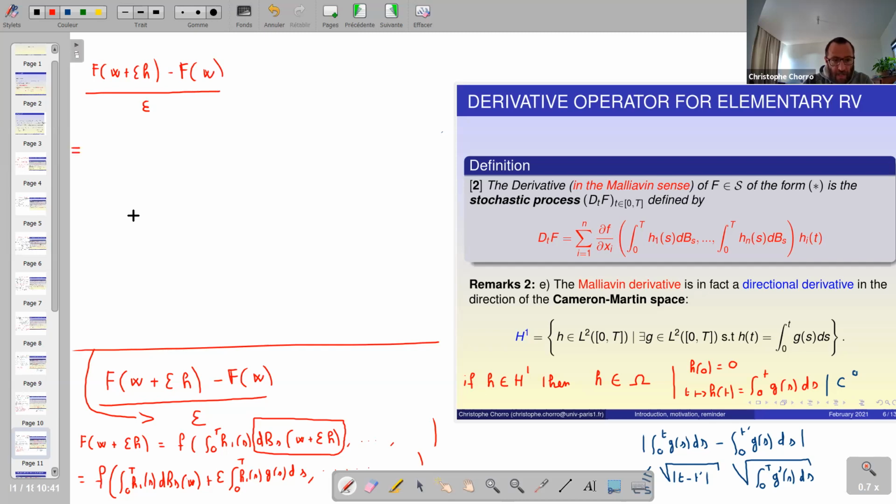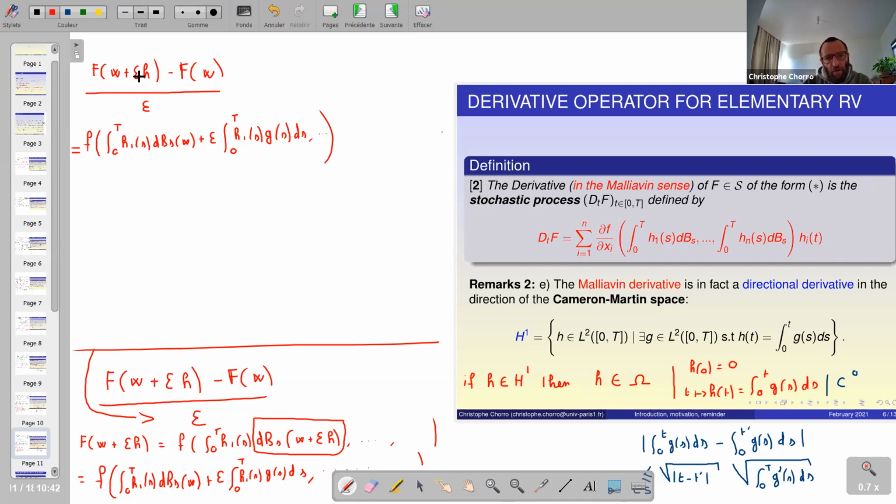I can write it as, according to what I have written here, f of the integral between 0 and capital T, h1 of s dbs of w, plus epsilon, the integral between 0 and capital T, h1 of s g of s ds, and the same for the others.